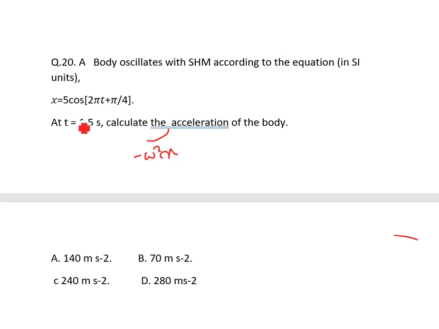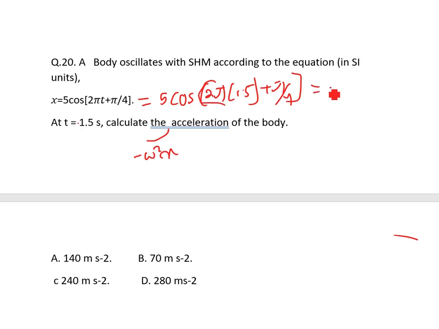Here x is given, so I put t equal to 1.5 to calculate its value. It will become 5 cos(2π into 1.5 plus π/4).